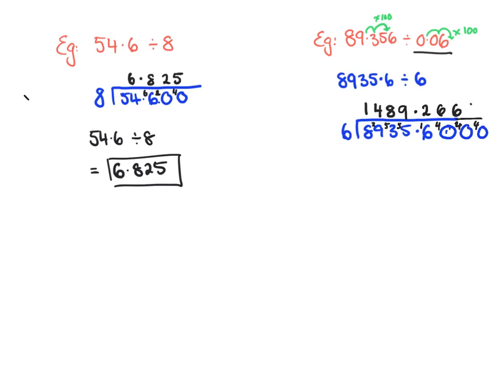Okay, so we now know that this is reoccurring, so we can now write our answer that 89.356 divided by 0.06 equaled 1489.26 reoccurring.